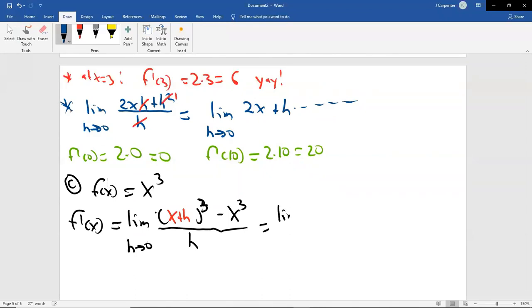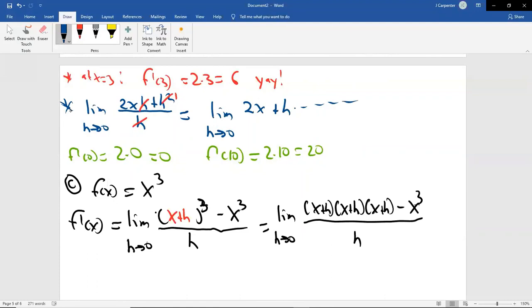So this would be the limit as h goes to 0 of x plus h times x plus h times x plus h, then minus x cubed all over h.